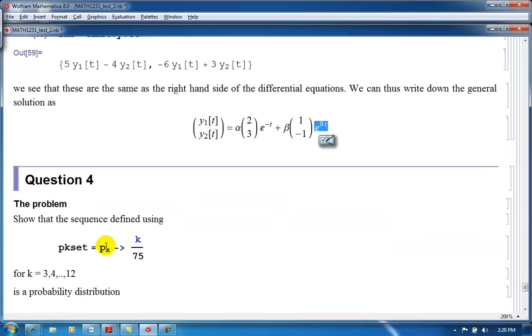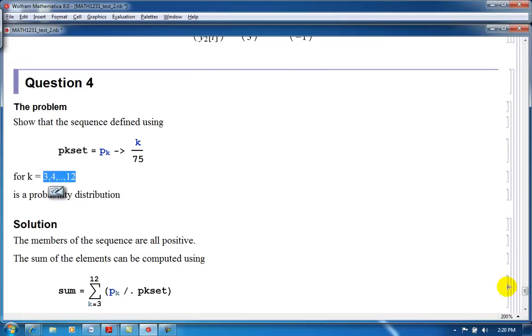And now we come to the fourth question, and that is show that the sequence defined using this, so the value of pk is k over 75 for k equals 3 up to 12, is a probability distribution.